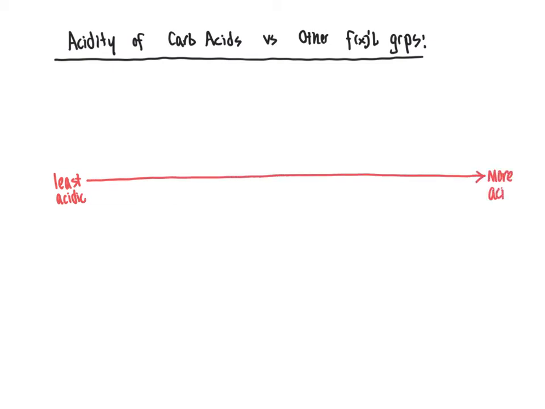We're focusing here specifically on organic molecules and functional groups that we have come across at one point or another along the way. So we'll start with the very low acidity end of the spectrum, which is our alkanes. Alkanes are molecules that have sp3 carbon atoms with no heteroatoms.